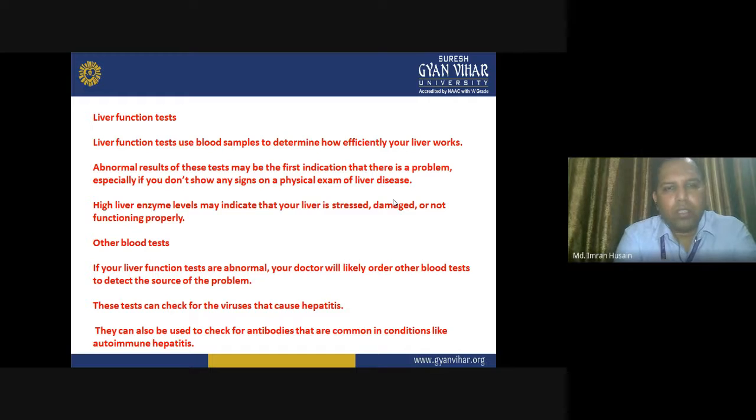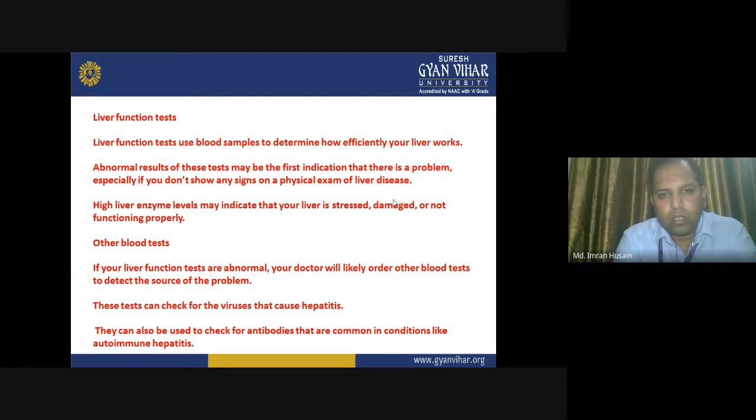So, liver function tests. What are those things and what is their main importance? Liver function tests use blood samples to determine how efficiently your liver works. Abnormal results of these tests may be the first indication that there is a problem.